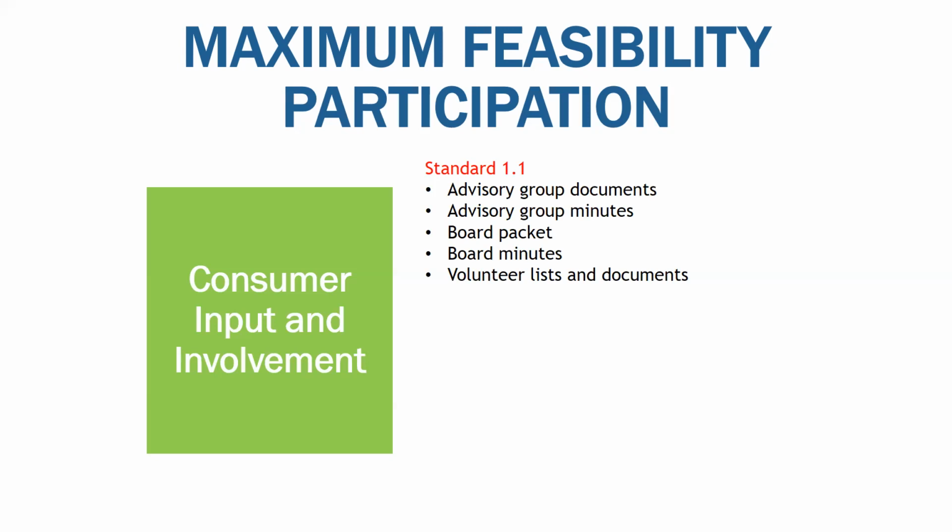What are some ways that we can show that we are following standard 1.1? Well, on the slide, we can use advisory group documents. If you have advisory group minutes, you can upload those. Your volunteers are board members in some cases, and those board packets and board minutes can document that people representing the low-income community are participating in moving forward in the community action agency.